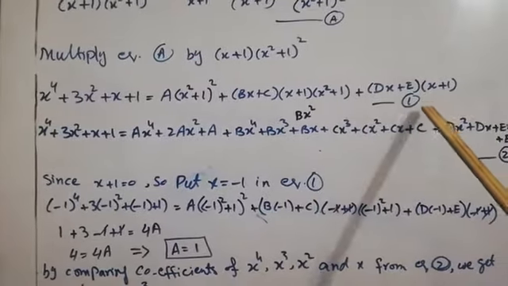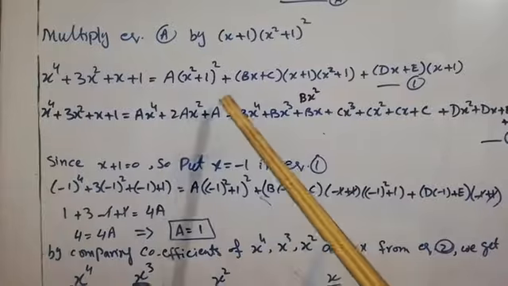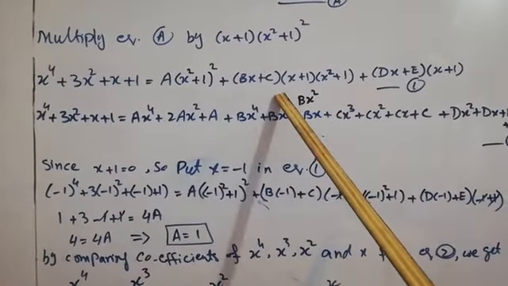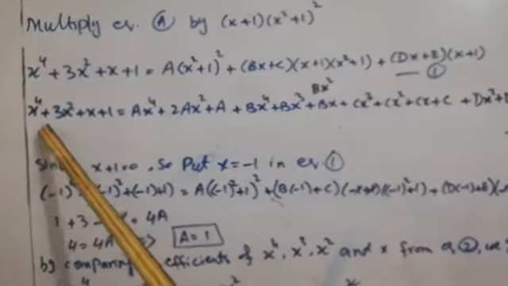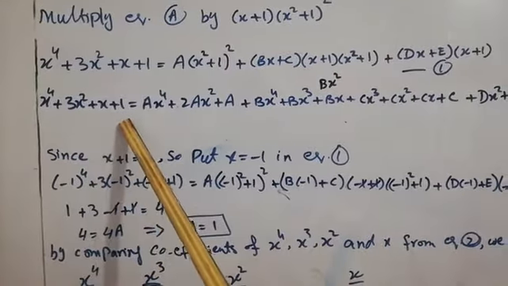Now this is equation number 1, and this is also an identity. Now we will remove the brackets and multiply all the terms, and we get x4 plus 3x square plus x plus 1 as it is.